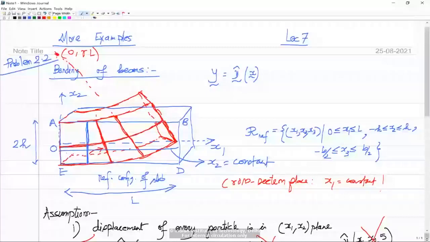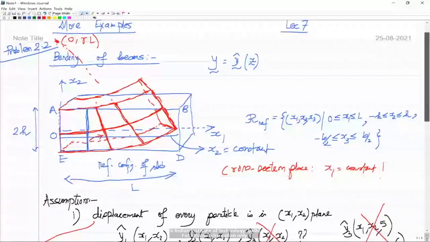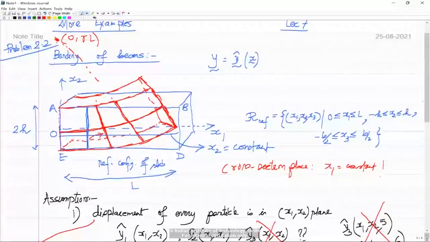So with this, can we figure out what will be the formula for the deformation? What we see is that it is bending into a circle. So can we, for example, say that y3 is equal to x3, that is already known to us. Now we have to bother about y1 and y2, isn't it?